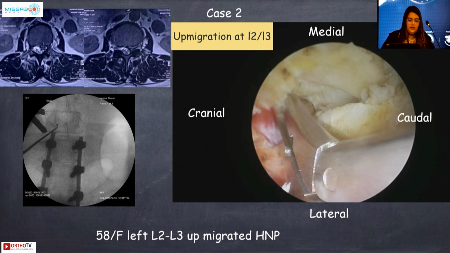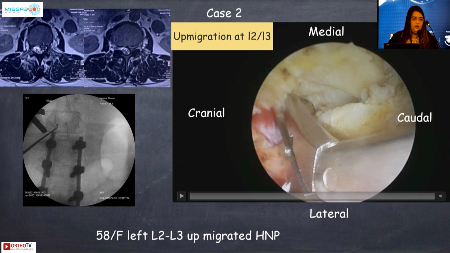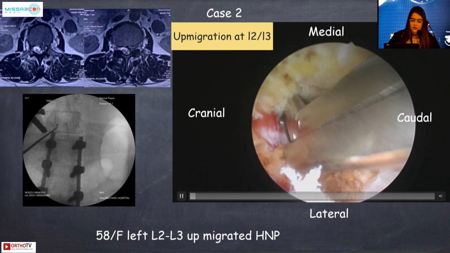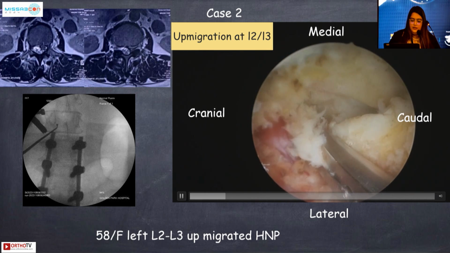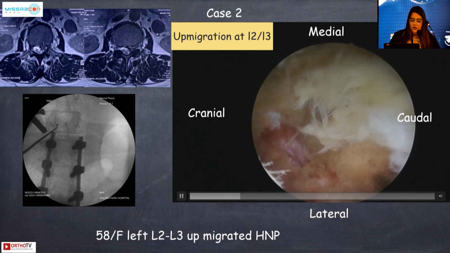Again, this is another case of an L2-3 upmigrated disc herniation. The patient previously had an L3 to S1 decompression and instrumentation. And here you can see the exiting nerve root identified. You can see the disc fragment now coming out.